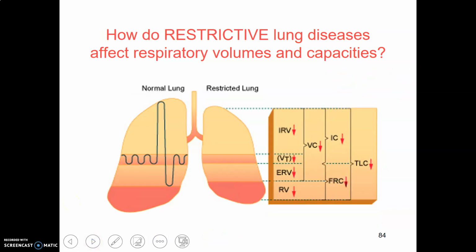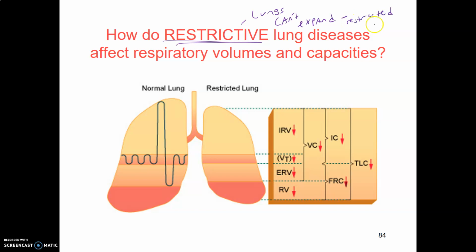All right, so now let's look at restrictive diseases. Restrictive means that the lungs, sorry, this is messy. It's really hard to write with this pen. Can't expand. They are restricted by something. You're going to notice that all these volumes go down.